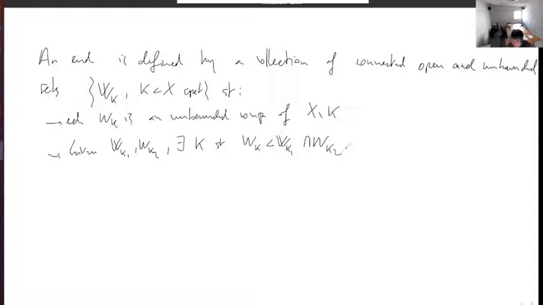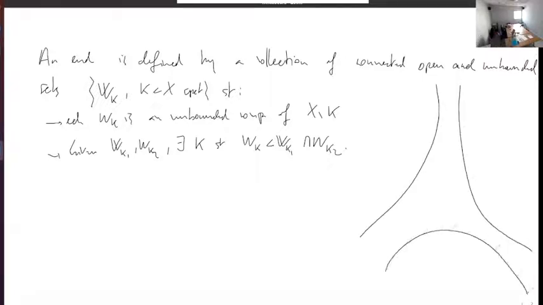Let me redo my drawing to explain what this means. This is my space X. For instance, I want to say that I'm going this way.